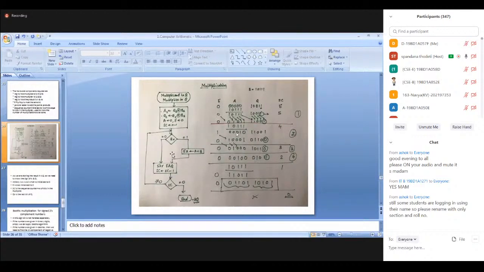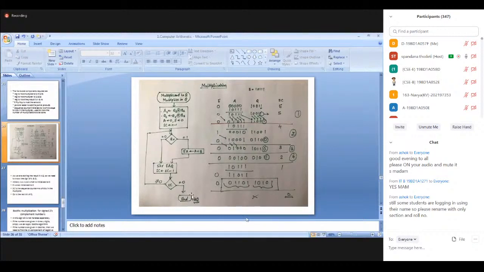So you can skip the addition step whenever Qn equals 0, and after that you can perform the shift right operation. This process has to be continued until the sequence counter becomes 0. If the sequence counter is not equal to 0, you need to repeat the same process. If it is 0, you can stop the procedure and the final result will be in the AQ register. Clear?